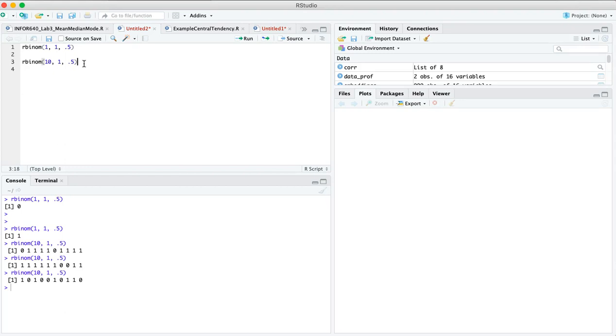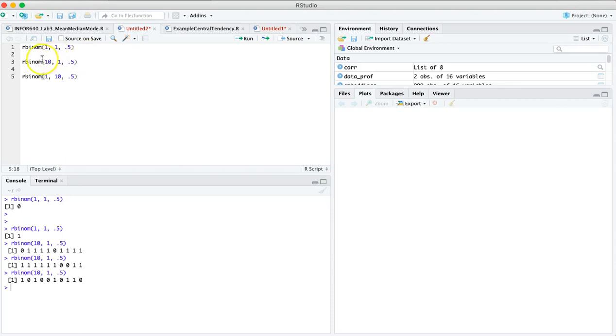This is completely realistic. The next thing that we're going to do is take just one coin, rbinom, and we'll flip that one coin 10 times. What this is going to show us is how many times it turned up heads.